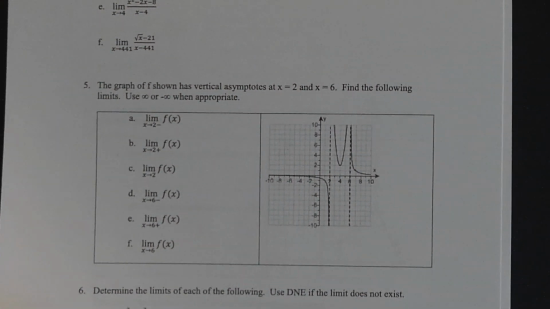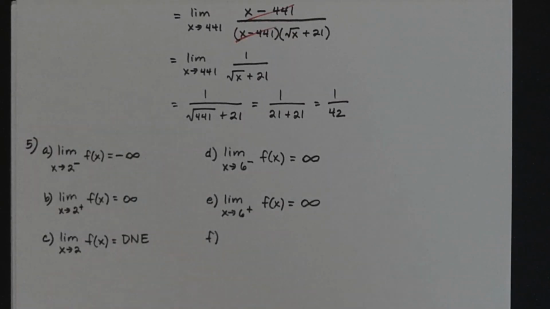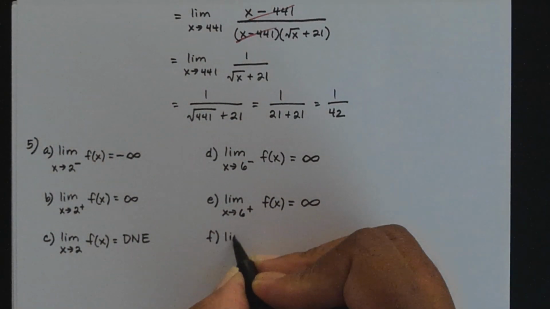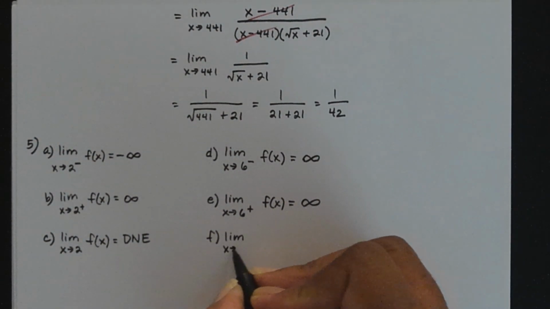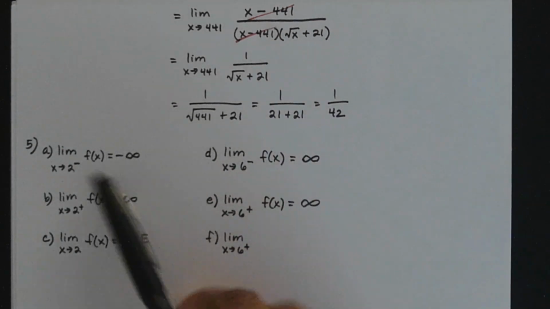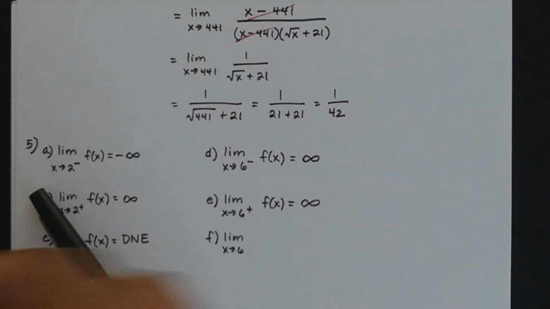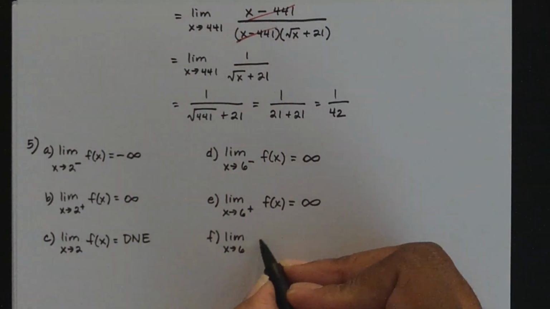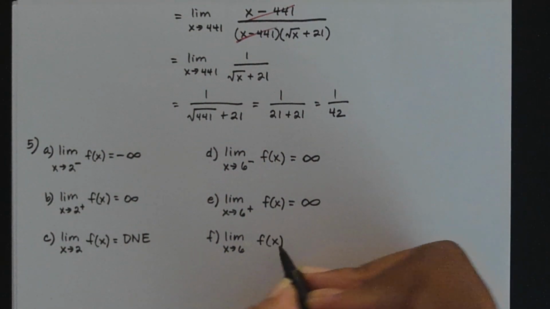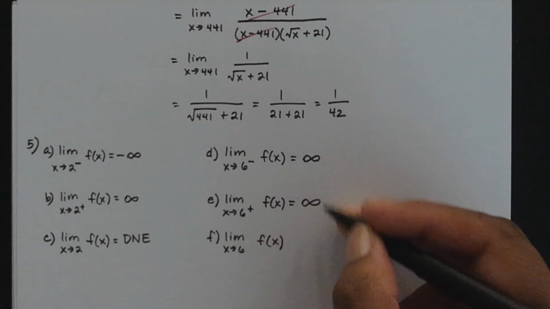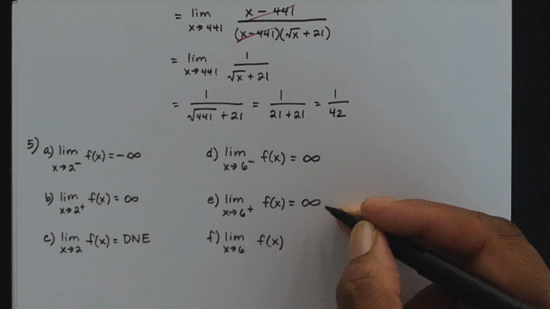All right, so now part F is the limit as x approaches 6 of that function f of x. Take a look at these two. Are they going to the same place? They are.